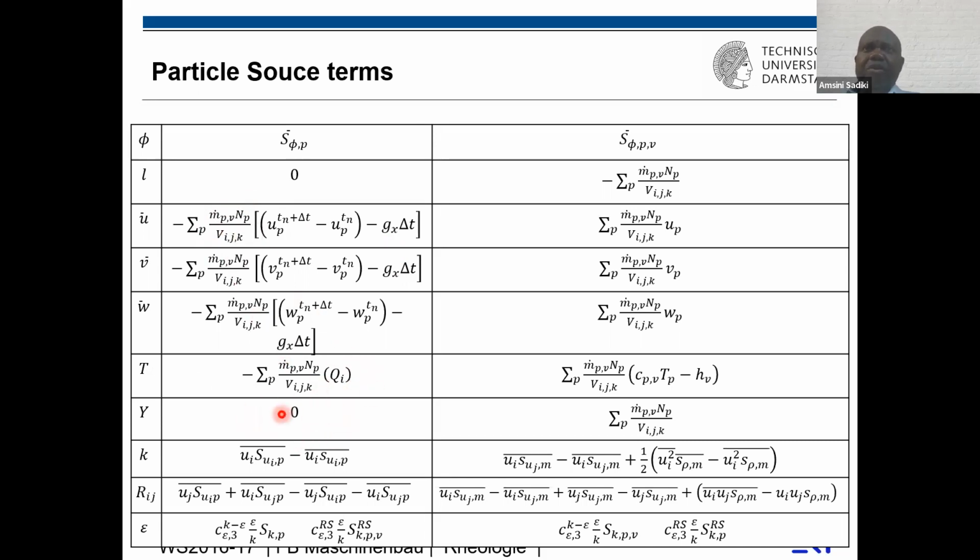We don't have a chemical reaction or evaporation process. We have kinetic energy. It is what I explained to you. And we have dissipation. It is what we got here. And if we have a second order turbulence modeling, then we have to enlarge this, but we don't consider this at the moment. I provide it for your information.